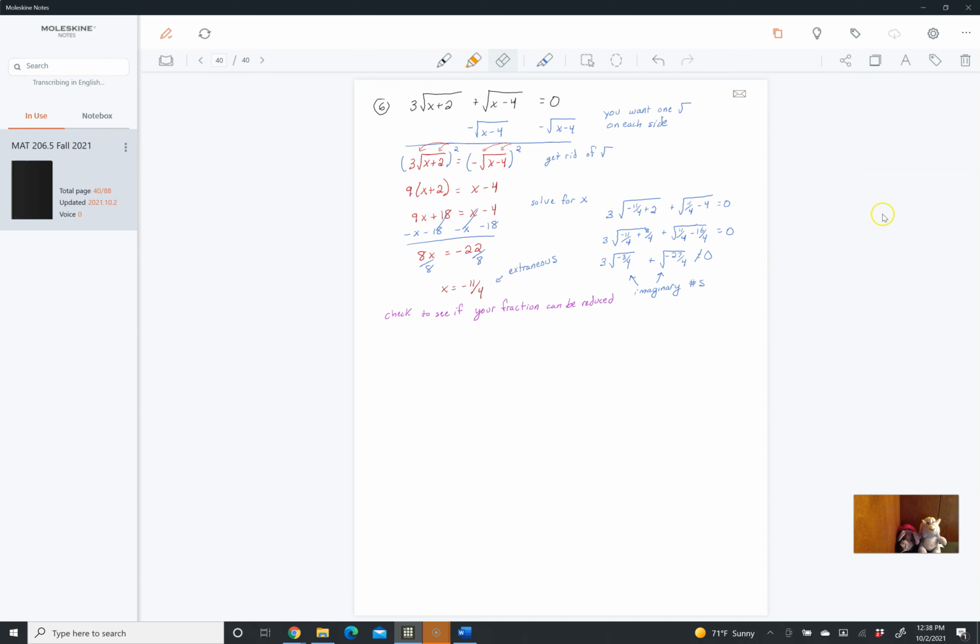When you simplify these and you add them, you pull out the i, and you're going to get an imaginary number as your answer. And 27 over 4, even if you reduced it and you pulled out the i, you still wouldn't get 0.